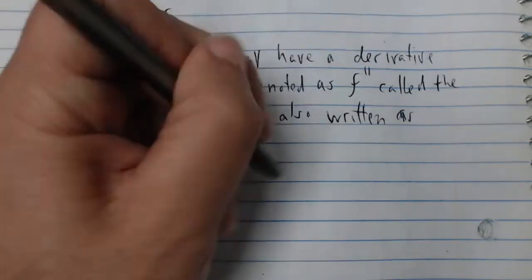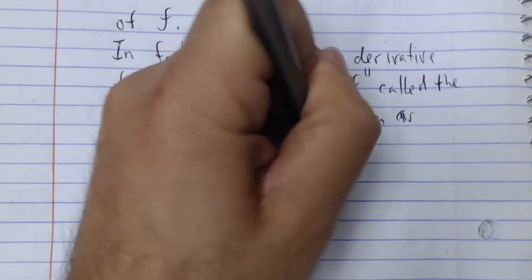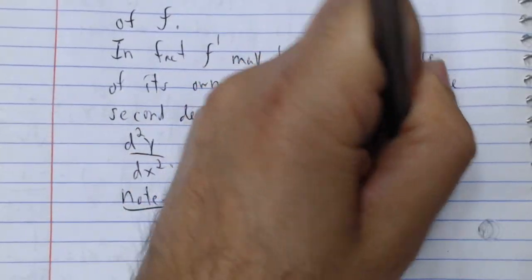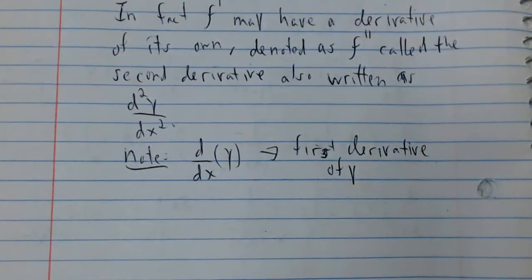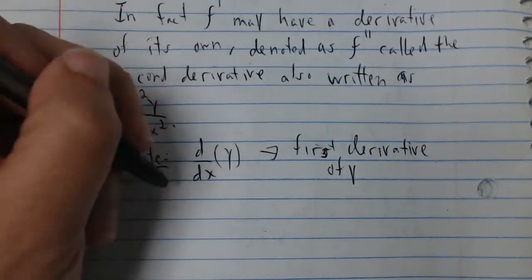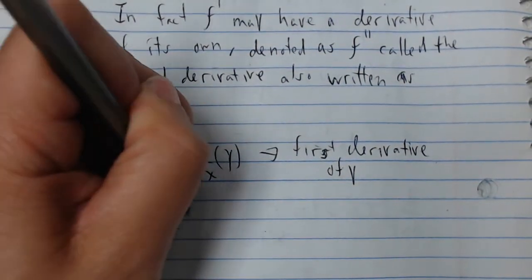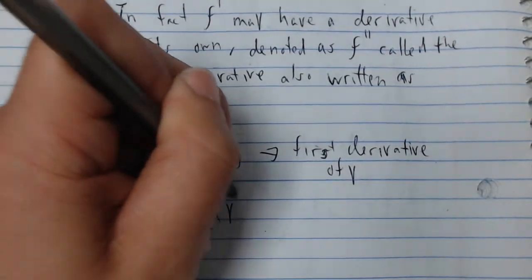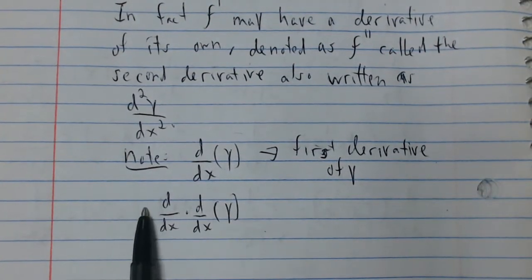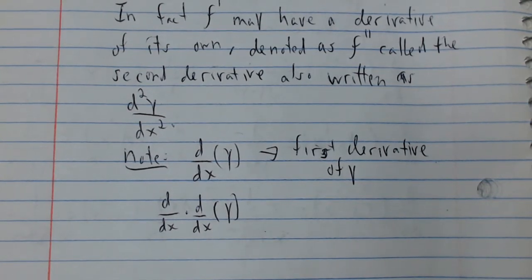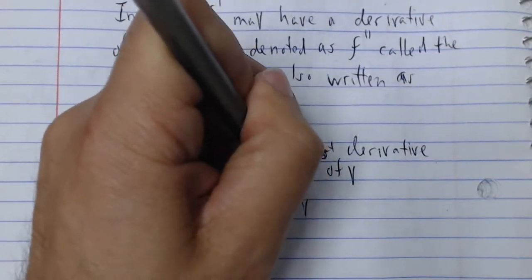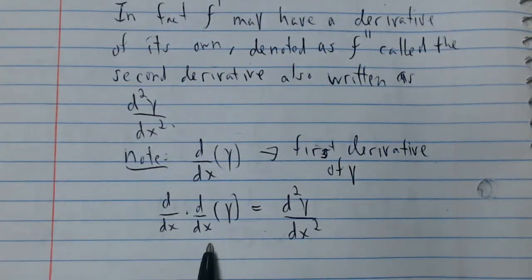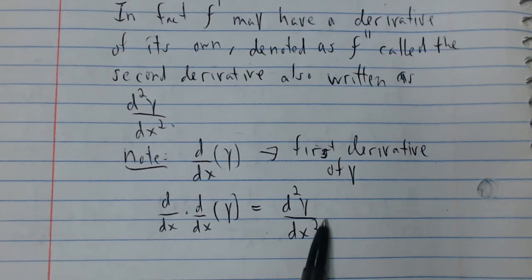This is the first derivative of y, so how would I find the second derivative? I would have to take d dx twice. So d dx times d dx of y means I'm finding the first derivative of y, and then the second derivative, which breaks down to d squared y dx squared. There are two d's and two dx's, and that's how you get this notation, okay?